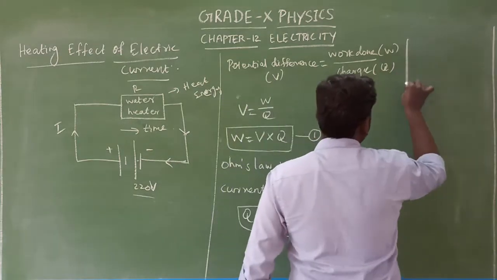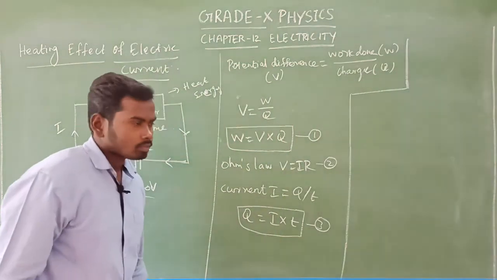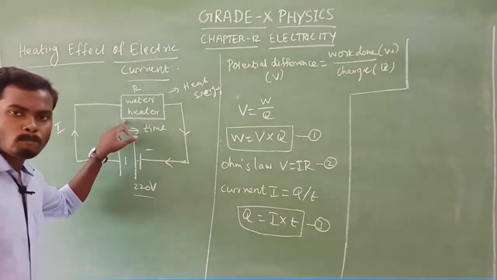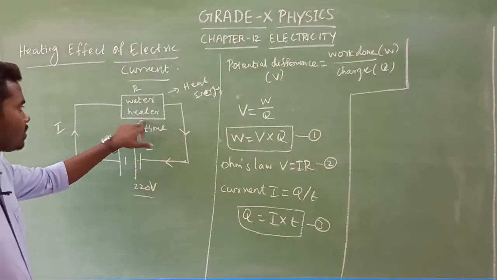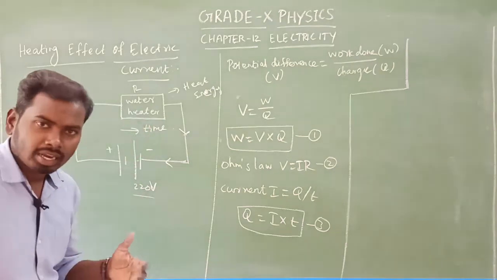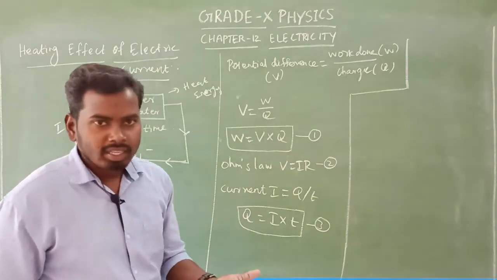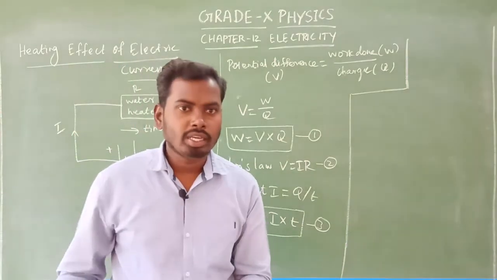Here work is done because a water heater consumes electrical energy and converts it into heat energy. Whenever one form of energy is converted into another form, work is done.